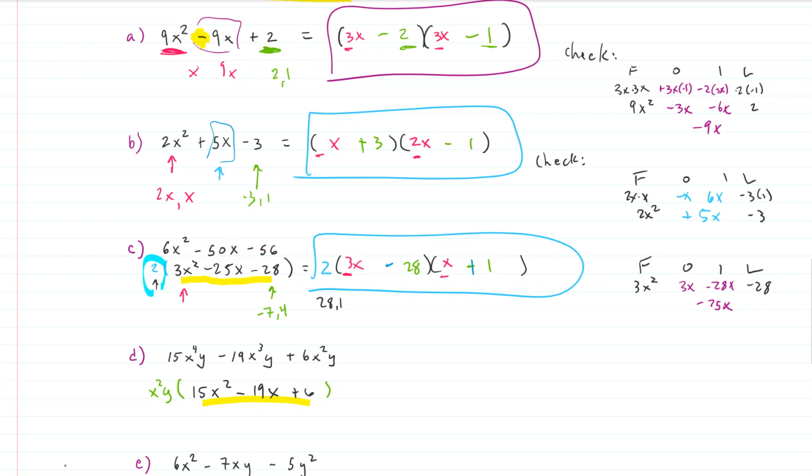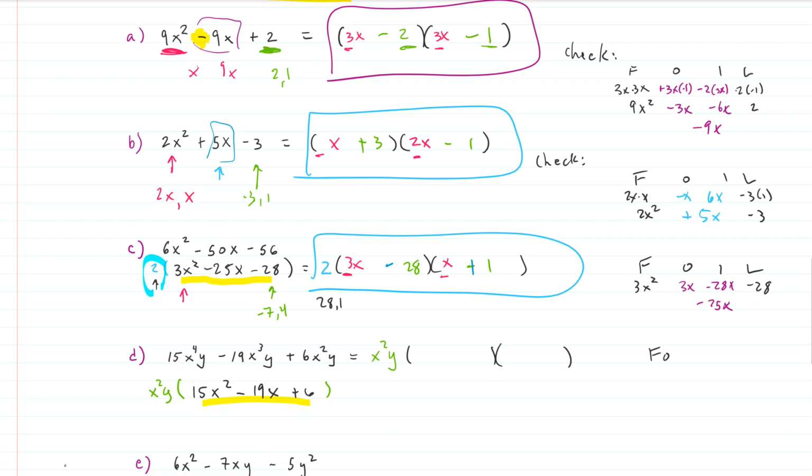Now we'll do factoring by grouping on what's left, meaning 15x squared minus 19x plus 6. Okay, well, let's start. I'm going to put that x squared y up just so I don't forget it. And now let's start the factoring.